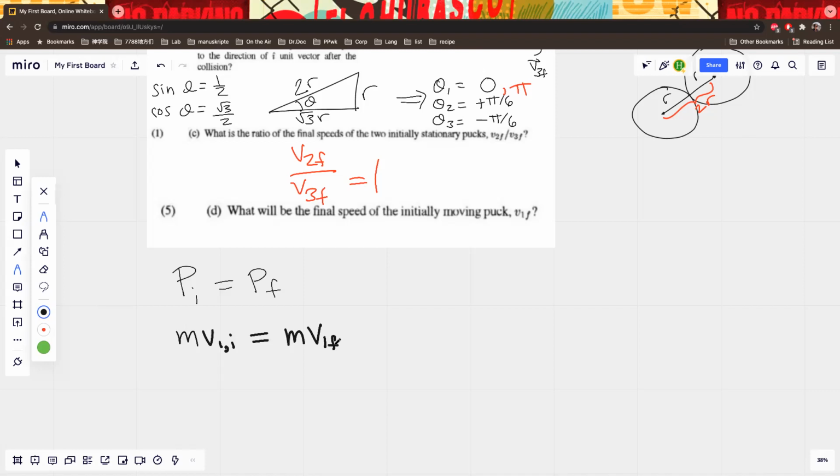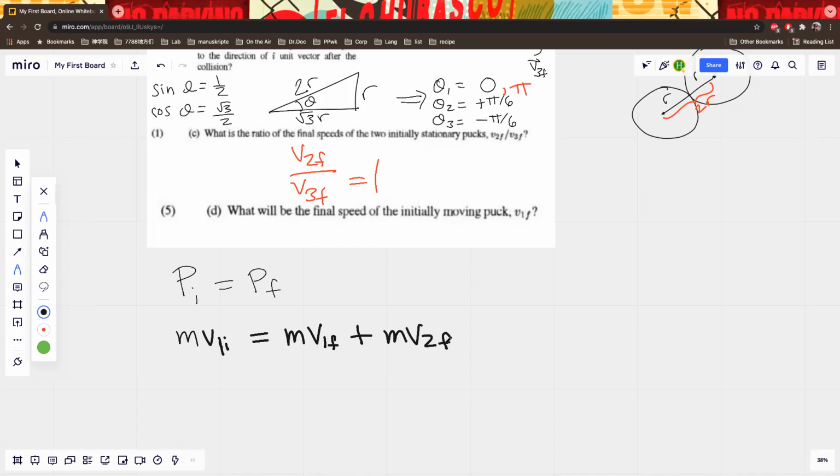That's what we're trying to find. And then plus the mass times velocity of the second puck, and then plus mass times velocity of the third puck.